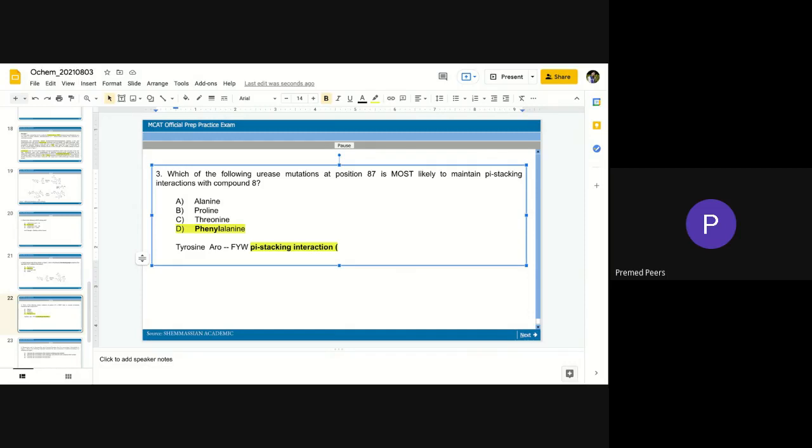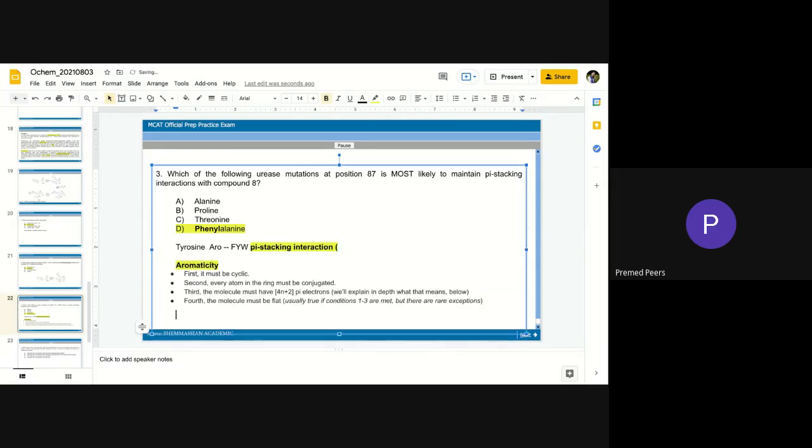So let me see. Hold on, give me one moment. Okay. Back right here. Aromaticity is defined by the following. And I wouldn't bother to memorize everything, because I don't think they're necessarily going to test it.